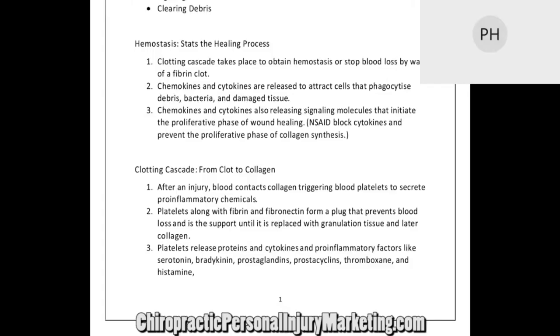Platelets release proteins and cytokines and pro-inflammatory factors like serotonin, bradykinin, prostaglandins, prostacyclins, thromboxane, and histamine. Cytokines is a big word right here.